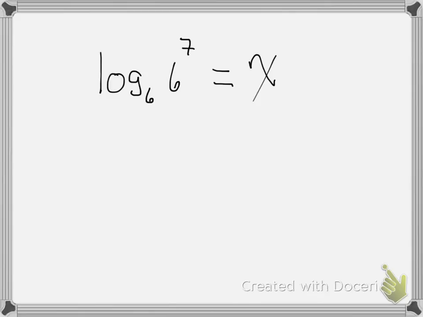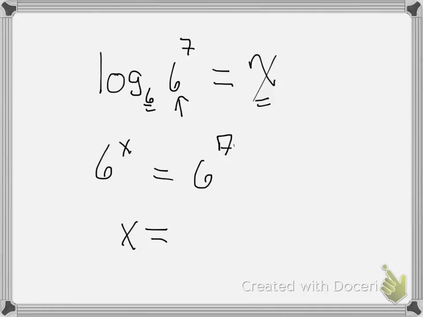This is a logarithm, so what I want to do is turn it into an exponential. My base is 6. My exponent is x. And that equals the argument of the logarithm, which is 6 to the 7th power. Now, if 6 to the x equals 6 to the 7th, then x must equal 7. Okay. And again, this is enough work to show that you understand how to do it.